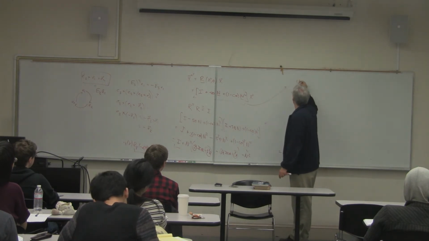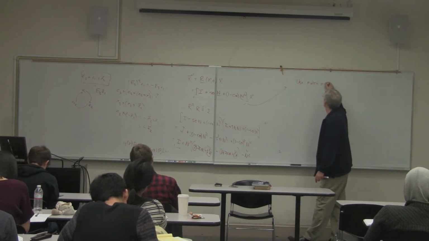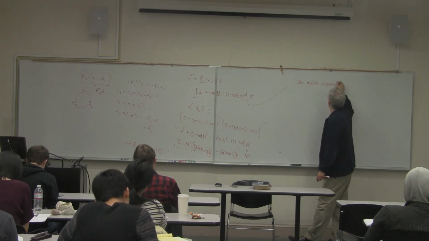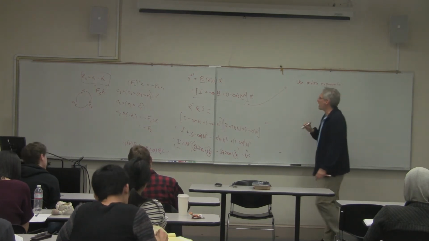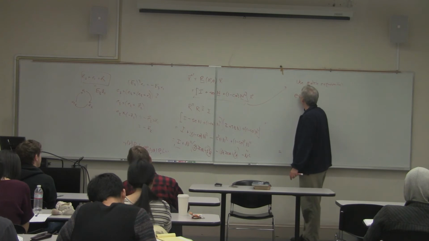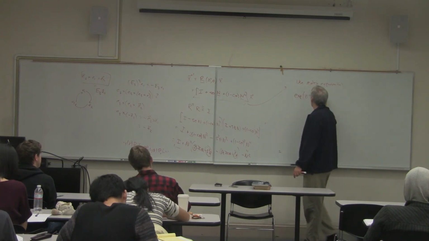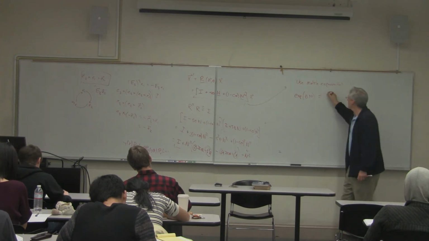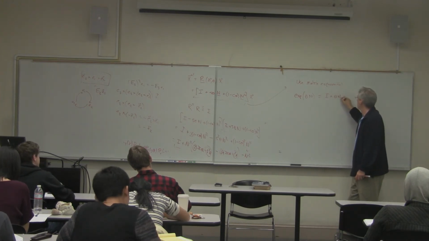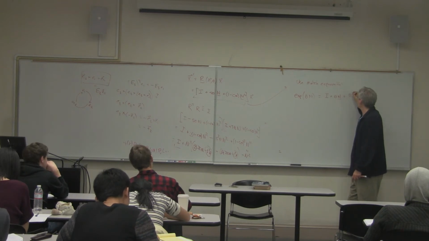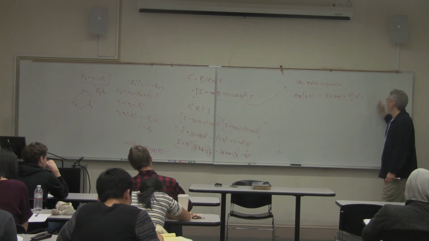We can use the matrix exponential, you can show that this same matrix can be written as the exponential of theta times n. In other words, this is the identity plus theta n plus theta squared over 2 n squared going all the way out.